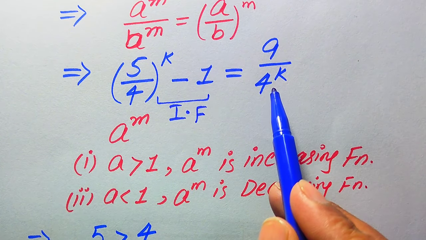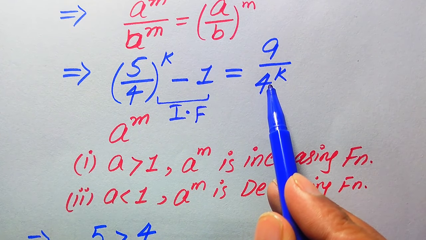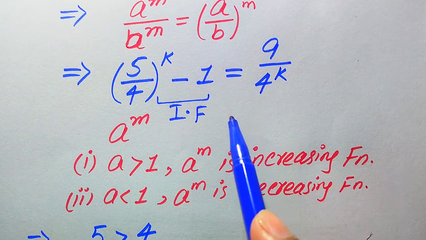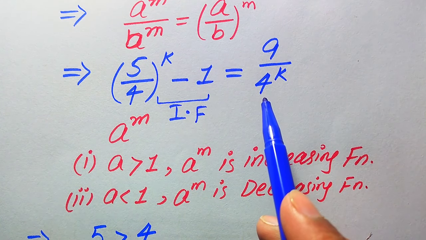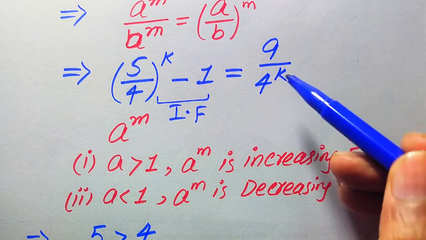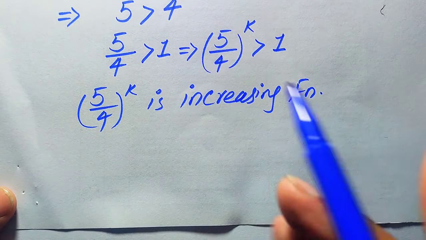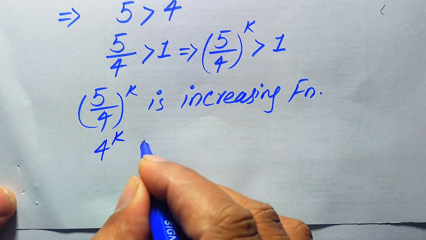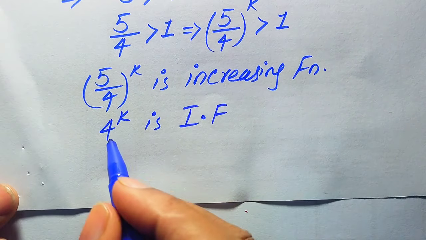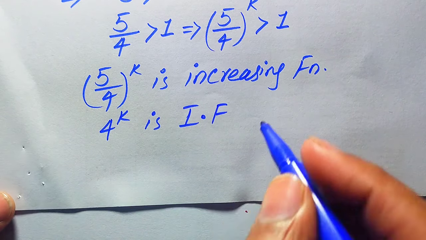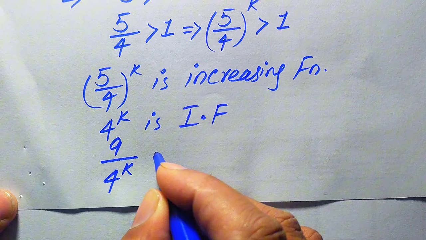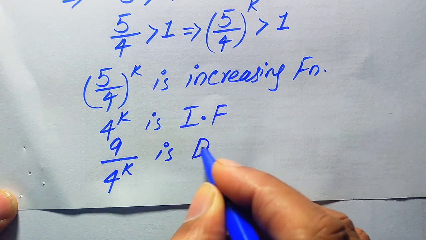Similarly, in the right hand side the exponential function lies in the denominator. 4 to the power of k itself is an increasing function, but 9 over 4 to the power of k becomes a decreasing function.